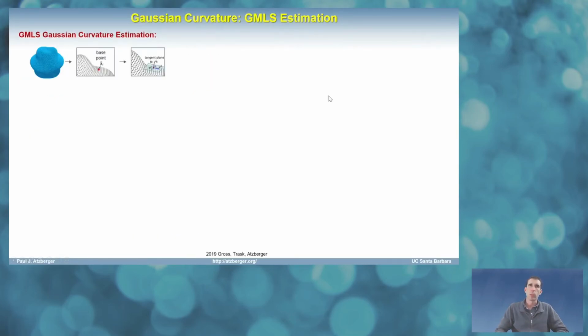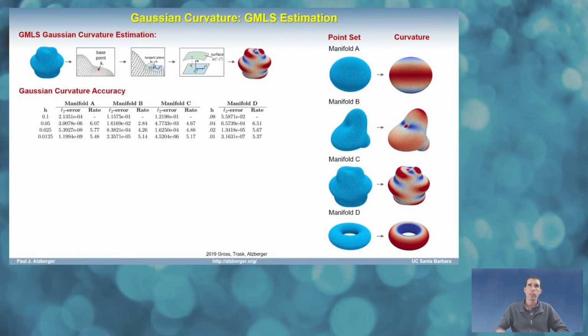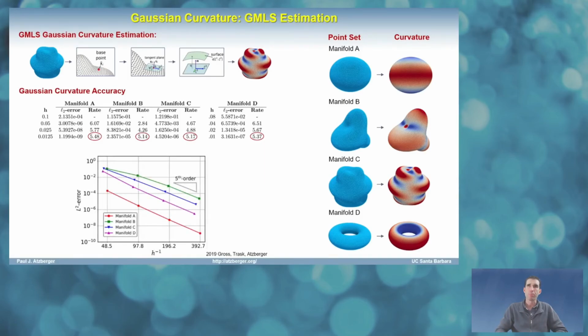So this is just showing we can do this by creating a local tangent plane by doing a PCA on the point cloud representation of the manifold, doing a local Monge gauge, and then from there we can compute things like the local Gaussian curvature. And this is just showing one of our studies that is able to capture that to fifth order accuracy.